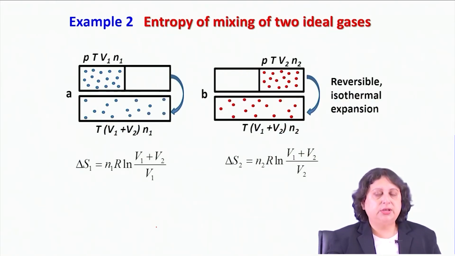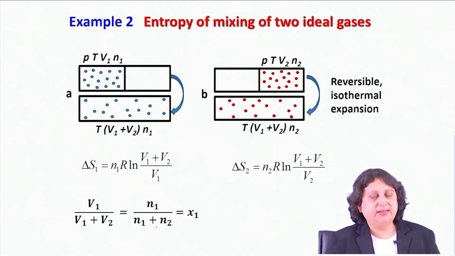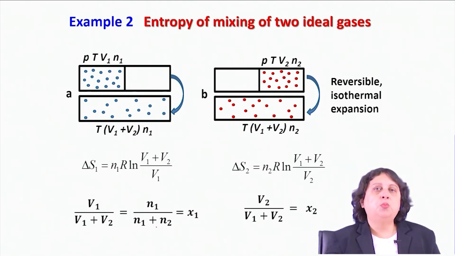Now, it is actually easier if we just note down that these are ideal gases, and I can play around with a simpler form of the ratio of the initial volume and the final volume, and I can write them in terms of the mole fractions of the two components.